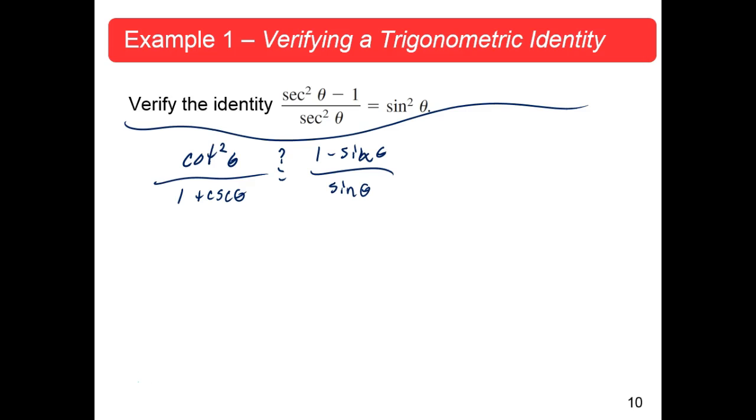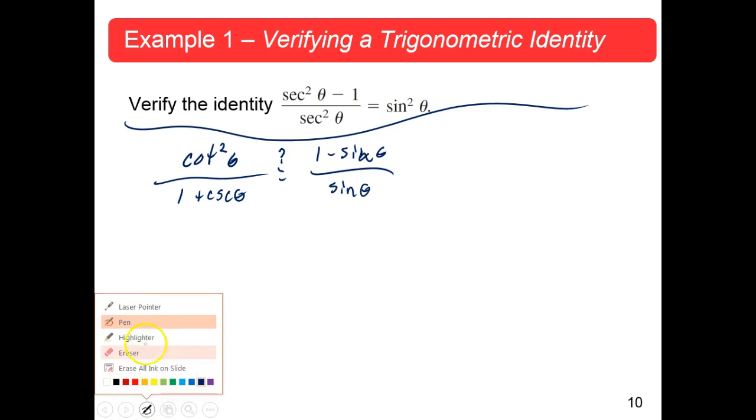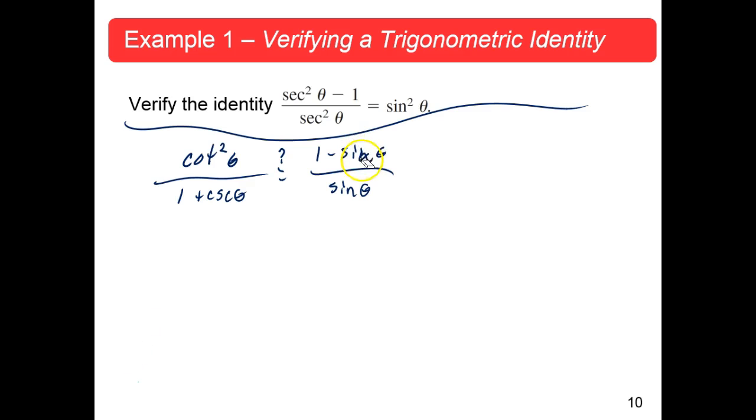Where would you suggest we begin? And how would you suggest we begin? Well, we gotta get rid of both of the denominators, right? Possibly. Remember, we can have things in the denominator as long as they're the same. But they're not quite the same yet.